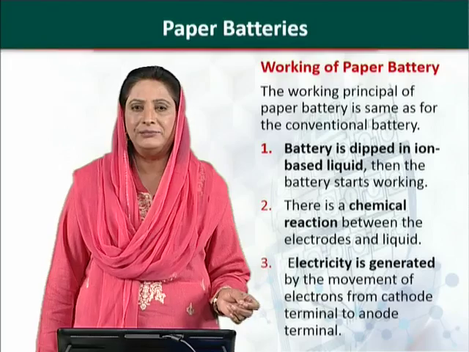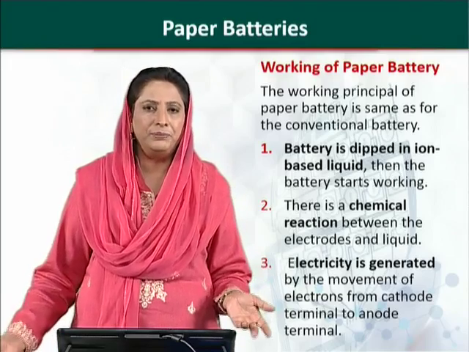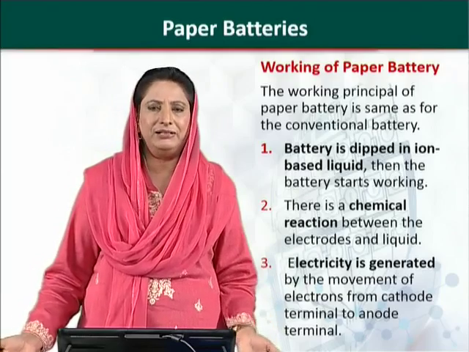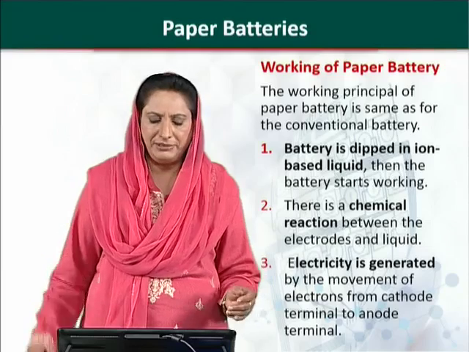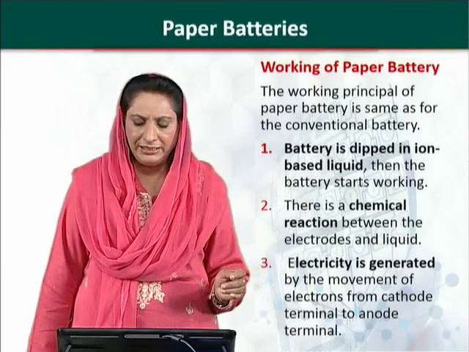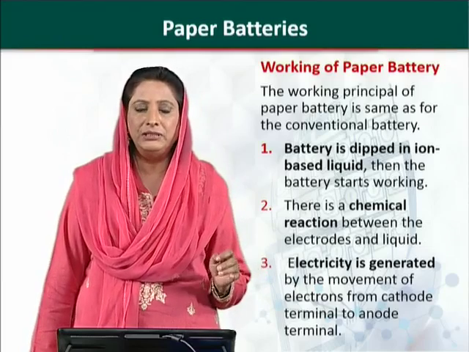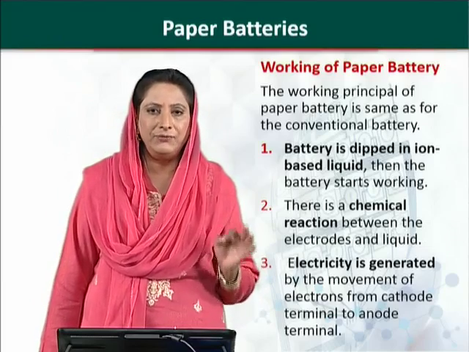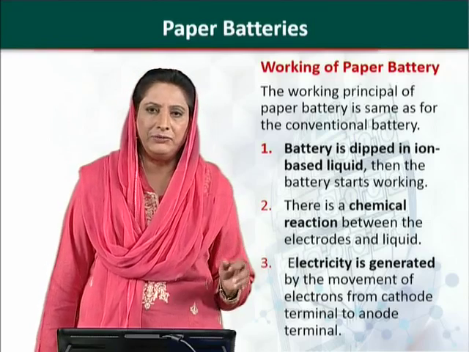So how does this paper battery work? The paper battery has the same principle as the classical battery. That means the principle is the same as the way other common batteries work, but the difference in this battery is that because these are dry batteries, we have to dip them into a liquid.